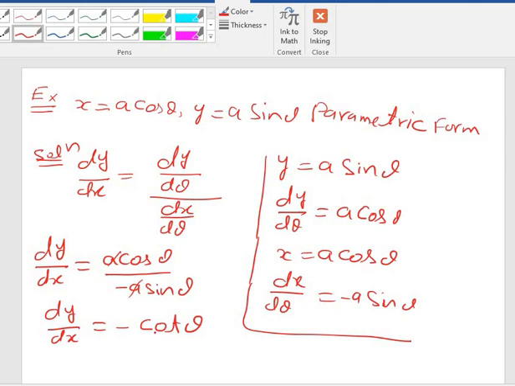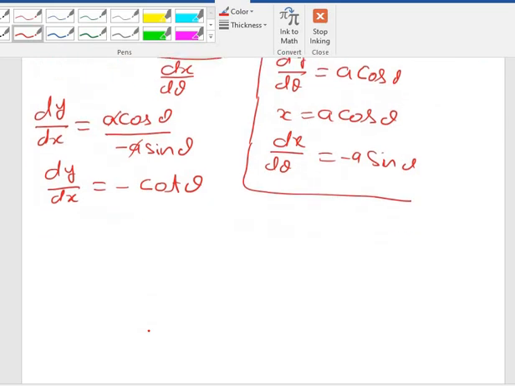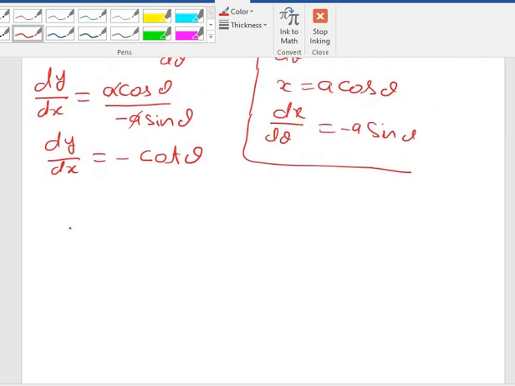Now I want to write the second order differential equation. This is the first order differential equation in parametric form.